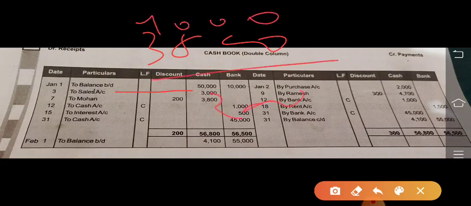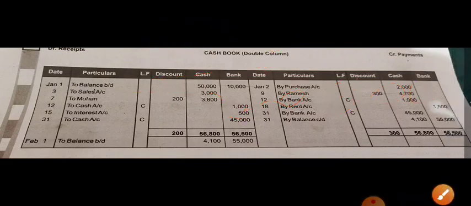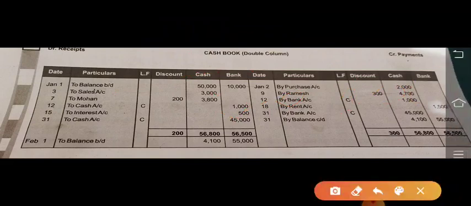So 200 we have allowed him as discount. If discount is allowed, it's a loss, and the rule says loss always needs to be debited. So here we have cash account debit, discount account debit, 'To Mohan'. Cash got debited with 3,800 and discount got debited with 200.